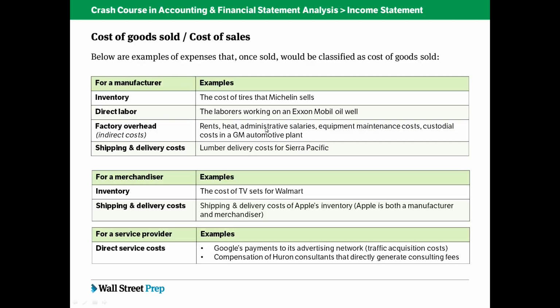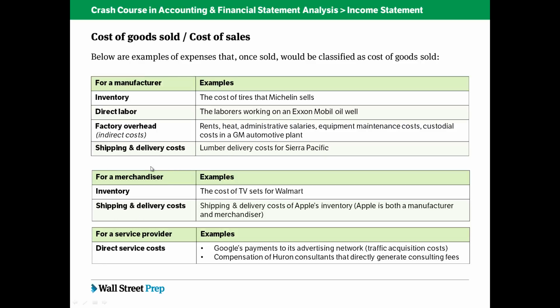But the rents and heat, administrative salaries, all these things that are directly associated with the manufacture of the goods, that's going to count as cost of goods sold as opposed to something like selling, general, and administrative expenses. And lastly, shipping and delivery costs, the lumber delivery costs for, say, a big lumber firm like Sierra Pacific. They're delivering the lumber, that's going to hit cost of goods sold as opposed to some other line item.